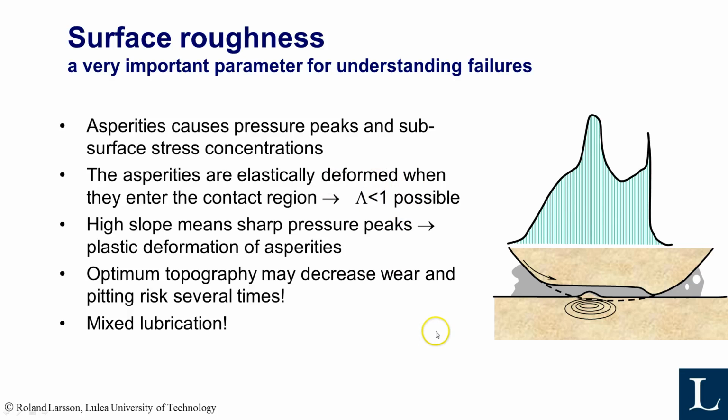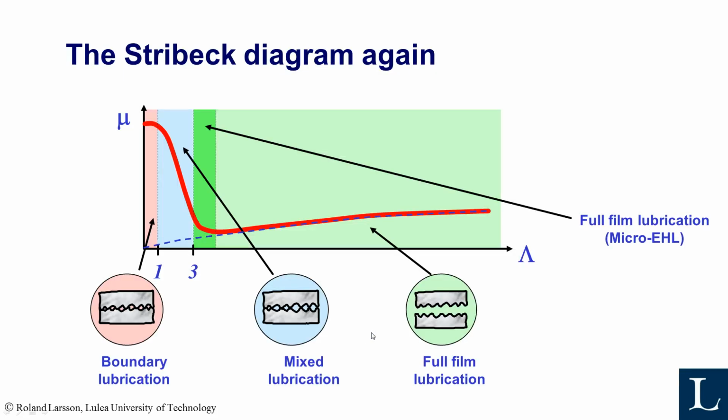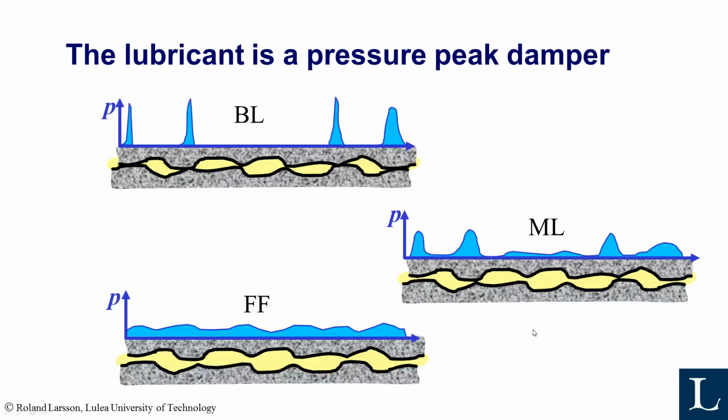So we will try to compute a new lambda, a correct lambda for roughness. When I discuss lambda, I refer to the Stribeck curve as usual, and this Stribeck curve is normally drawn for the undeformed roughness, but you will see that it's possible to change that a little bit.